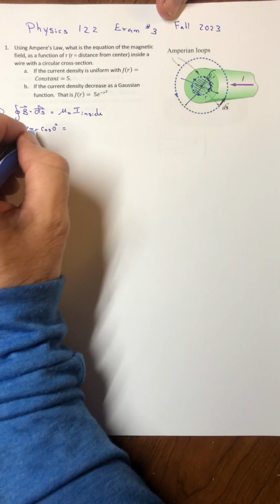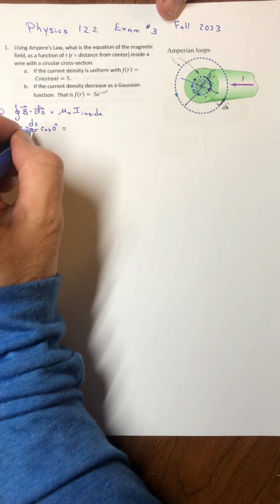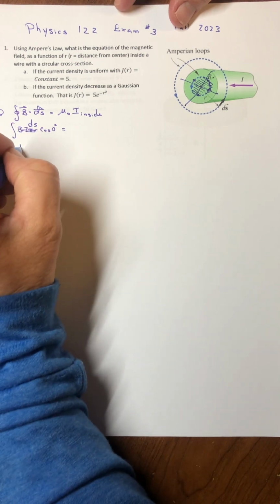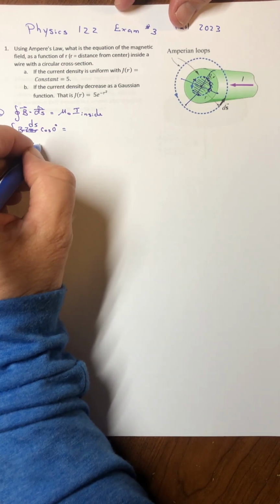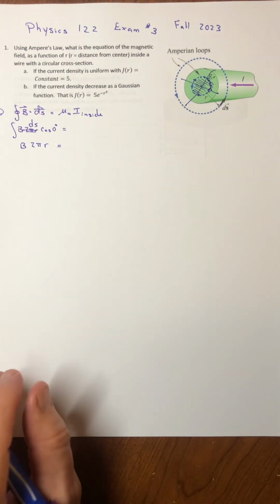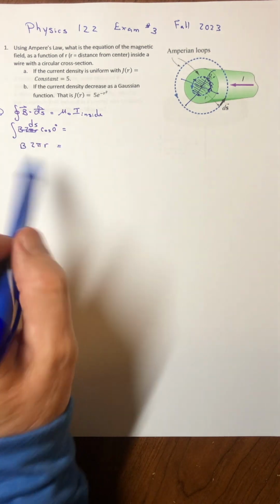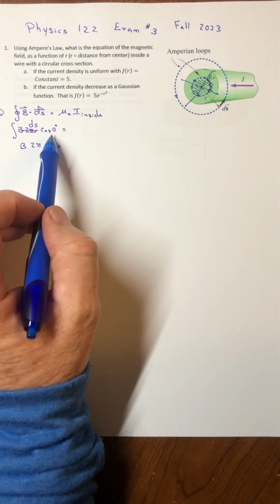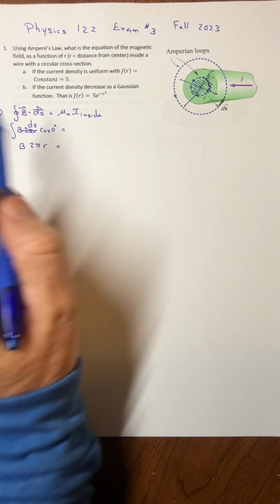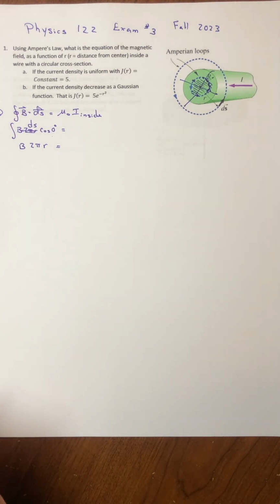Oh, I'm sorry, we take the dot product, it's first ds, getting ahead of myself. I'm trying to go a little too fast here. We did this argument quite a few times in class, so let me just jump past the symmetry arguments and say the angle's got to be 0, B's got to pull out, and the integral of ds would be the circumference, which is 2 pi r.